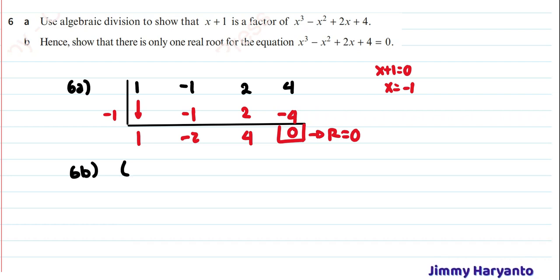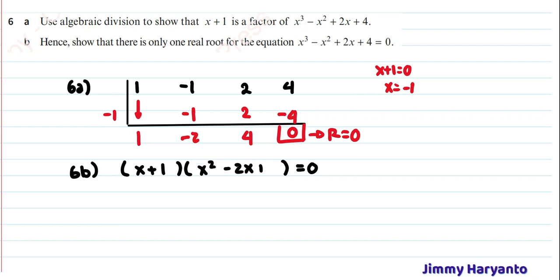That means you write it in factorized form. First is x plus 1, because we already said that x plus 1 is a factor. And for this one, you write down the quotient. The quotient itself is x squared minus 2x plus 4. That means we can try to factorize this one more time.